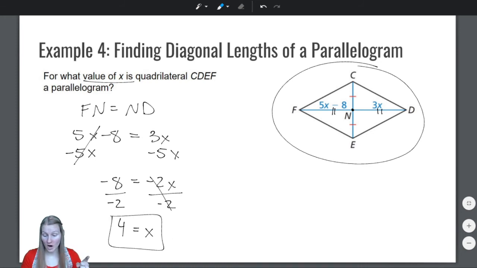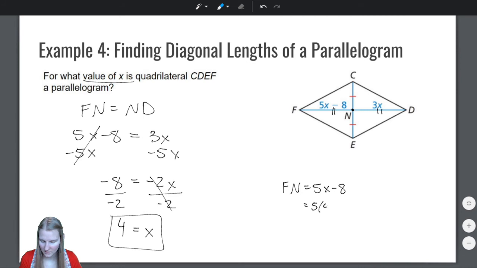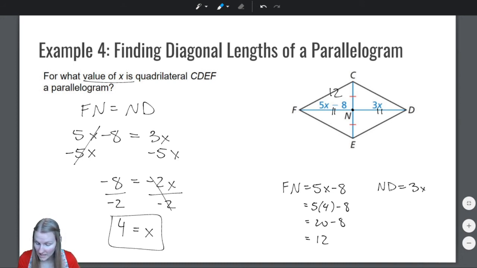Now we can check our answer by plugging it back in. FN is 5x minus 8. If I plug 4 in here, I get 5 times 4 minus 8. 20 minus 8 is 12. So if x is 4, FN is 12. Now, ND is equal to 3x, and if I make x 4, I get 12.